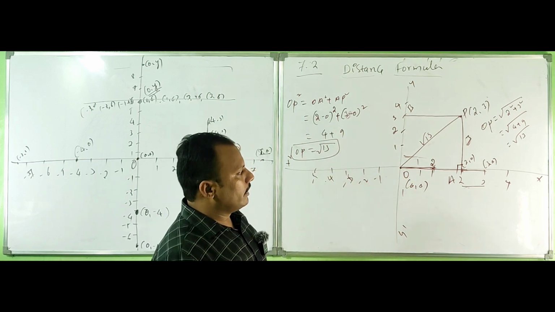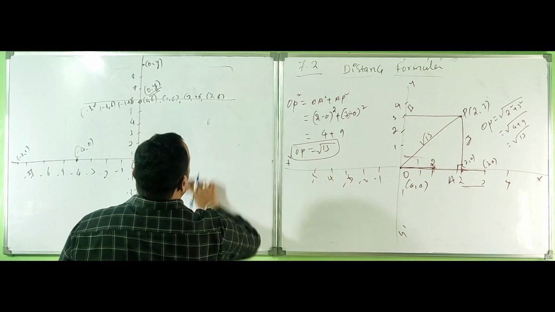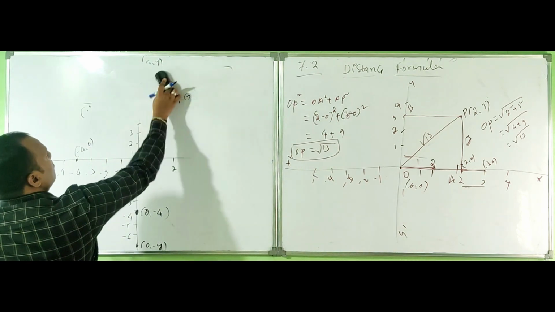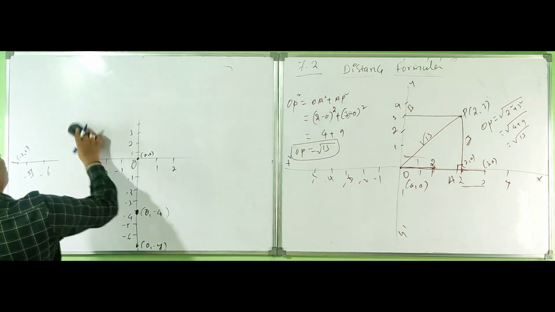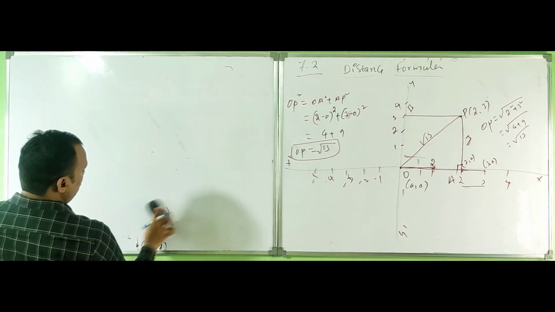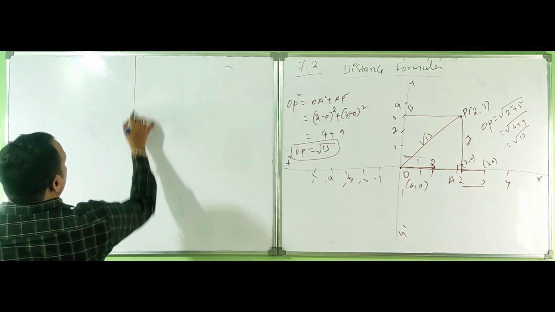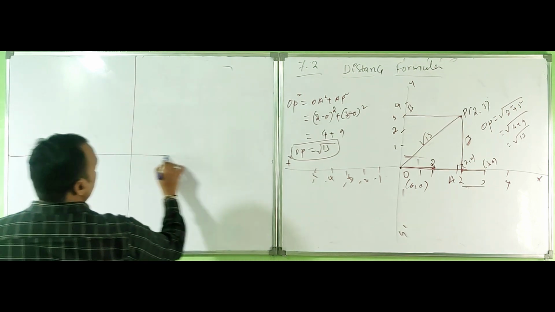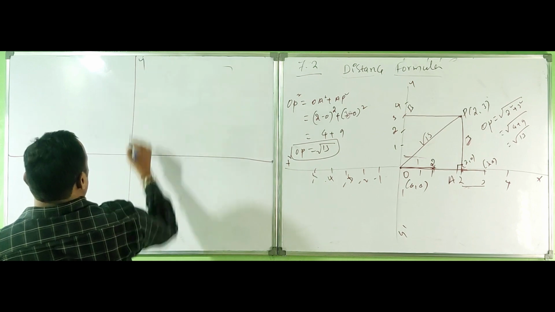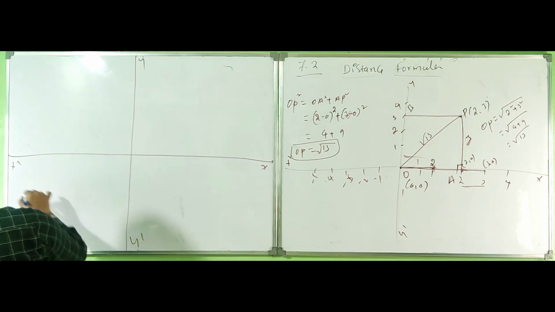Let's find it in general. Distance of two other points. Let us again take the axes, y and y dash, x and x dash.